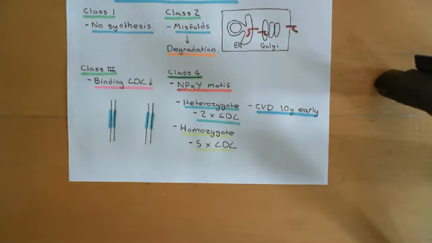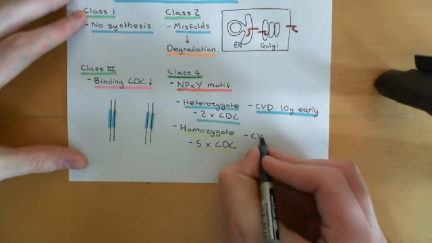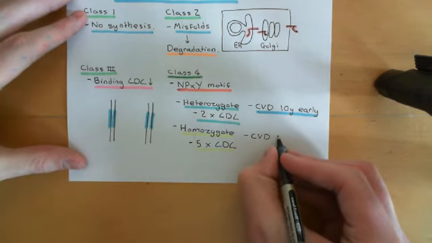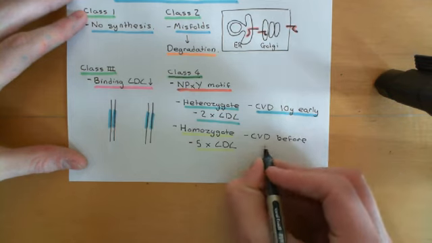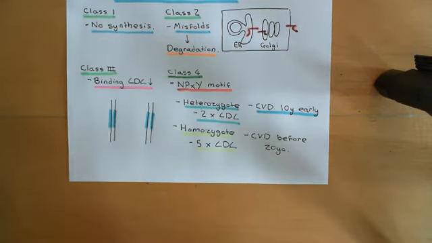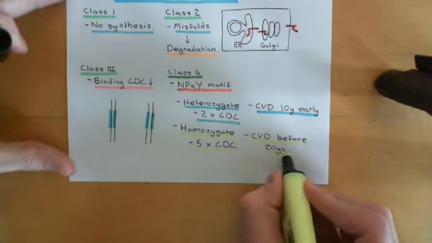They generally die of cardiovascular disease before the age of 20, so they'll have strokes or heart attacks before 20 years old. So it's not a nice prognosis for familial hypercholesterolemia if you're a homozygote.